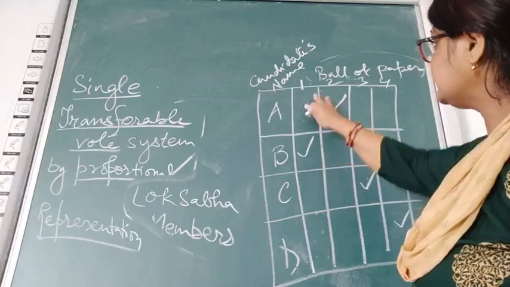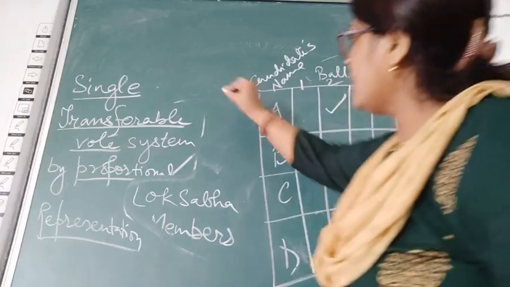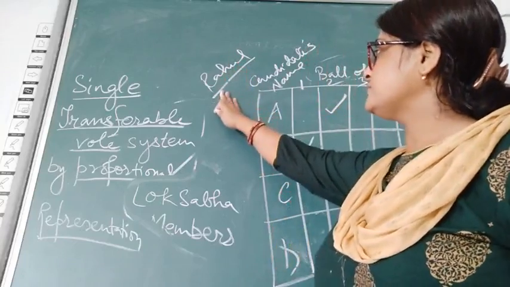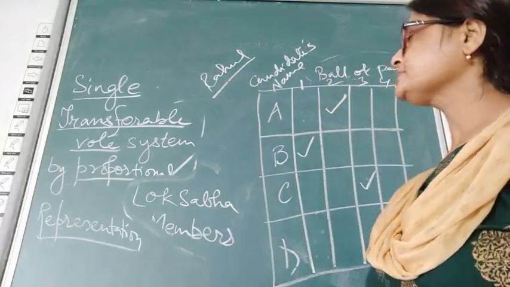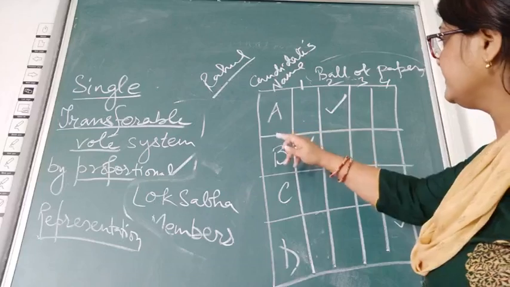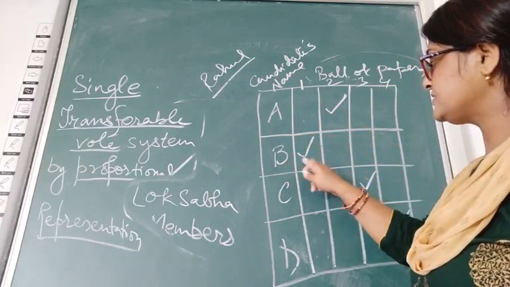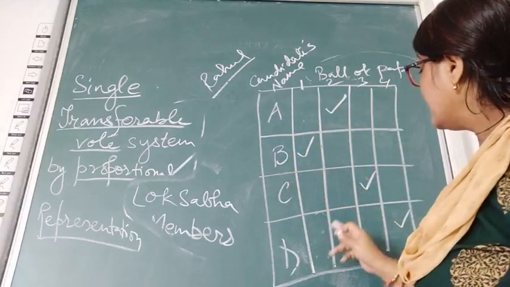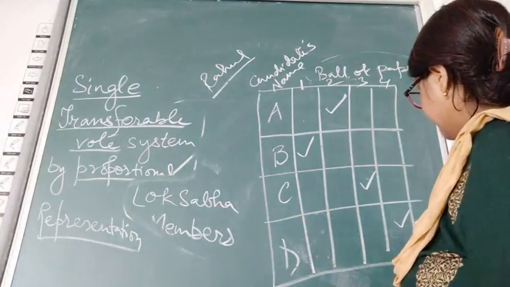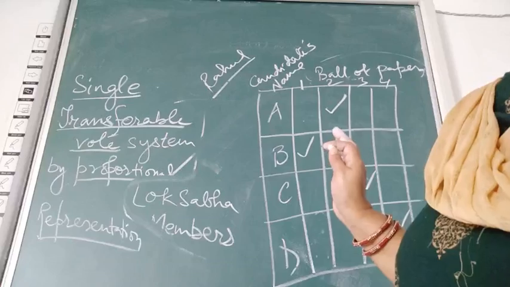These are the preferences. Now, for example, Rahul. Just take the example of Rahul. Rahul is one of the members of Lok Sabha and he has voted and given his preference for A, number 2. He has given first preference to B candidate, third preference to C candidate and D, fourth preference. Like this, all of them vote.